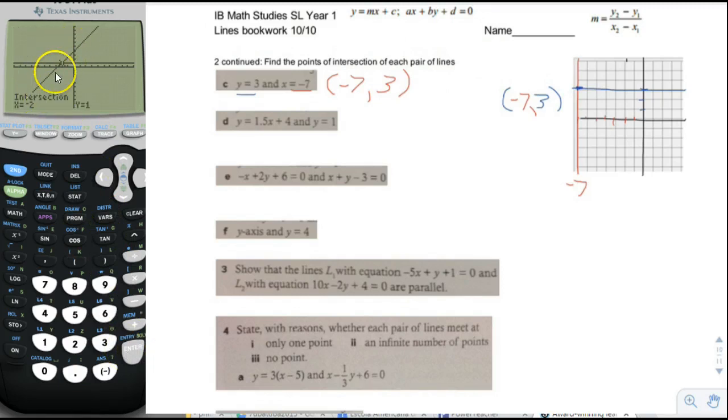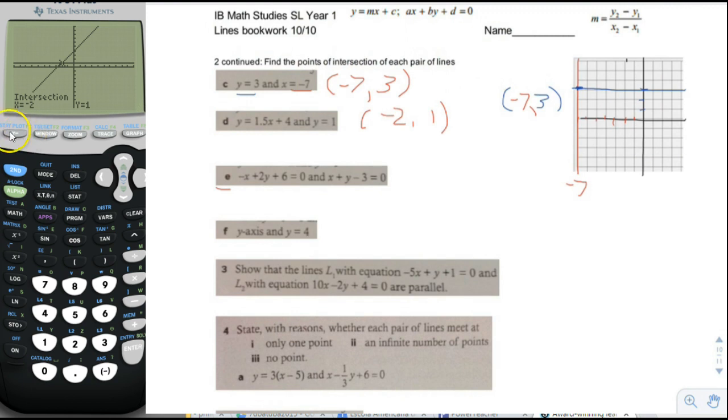And there it finds it, okay? The reason why guess is important is if you have more than one intersection point, you have to put your cursor near the intersection point you want to find. But if there's only one intersection point, then that's all you do. Negative 2, comma, 1. Okay? Moving on.